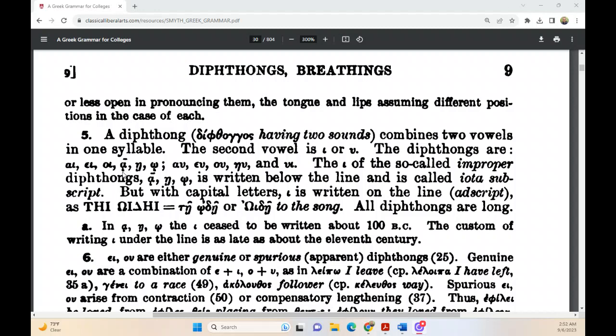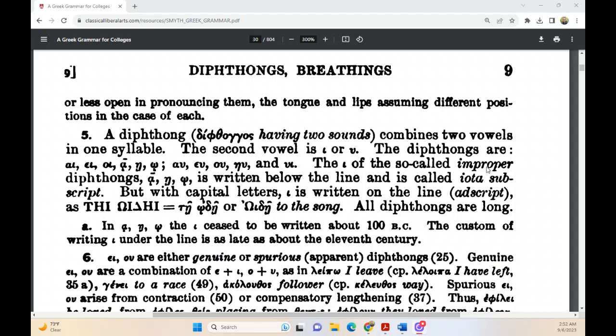We'll talk about that in a minute. We see eta with that iota written underneath, omega with the iota underneath. Then we see alpha upsilon, epsilon upsilon, omicron upsilon, eta upsilon, and upsilon iota. So these are the diphthongs in Greek.